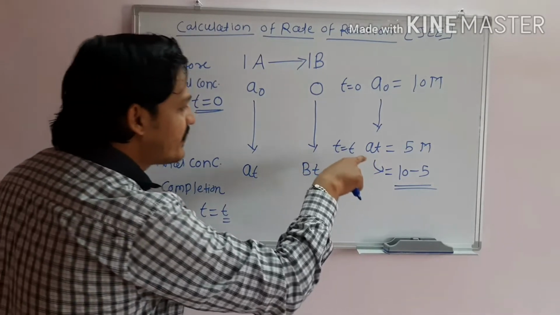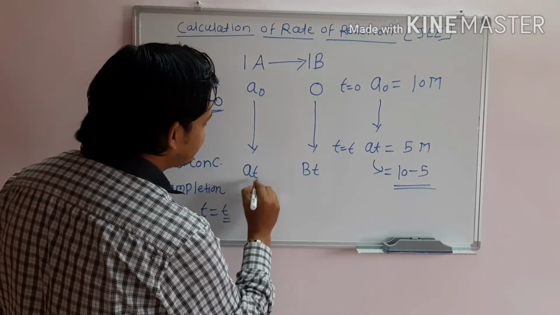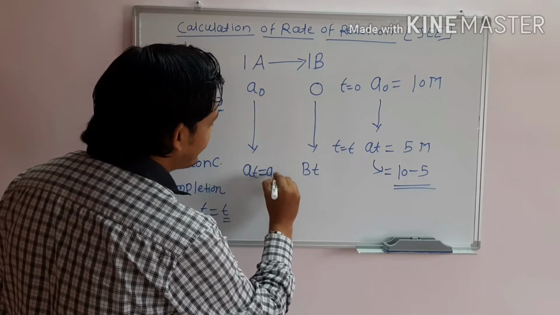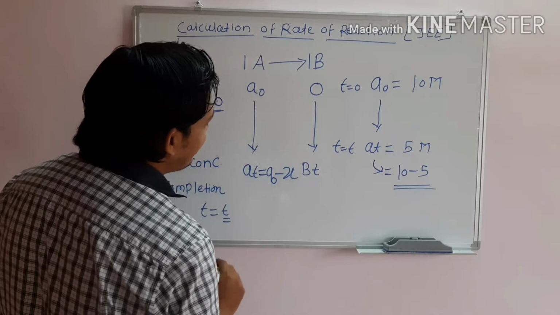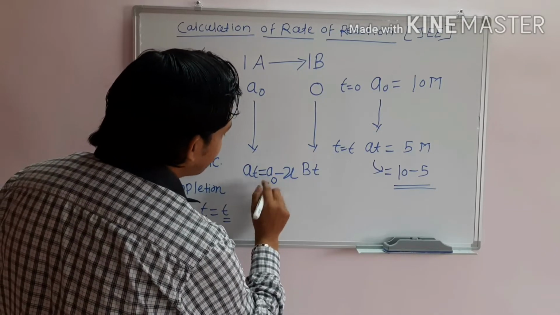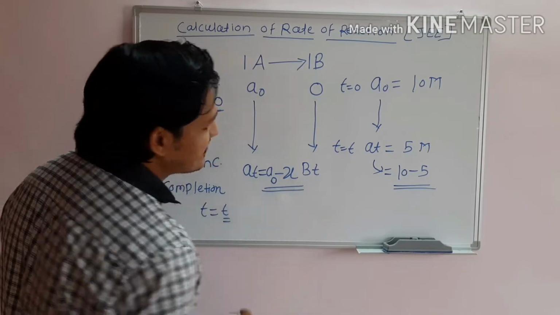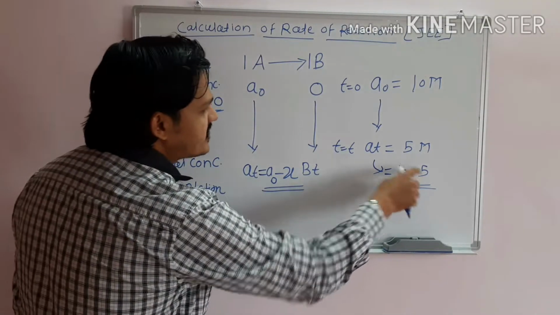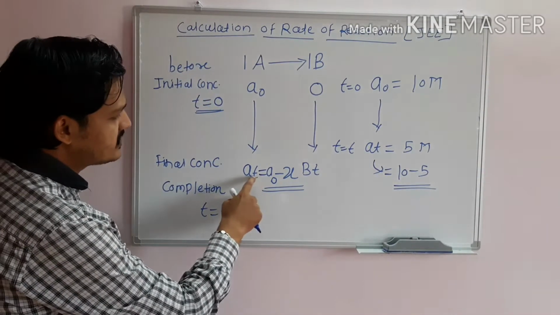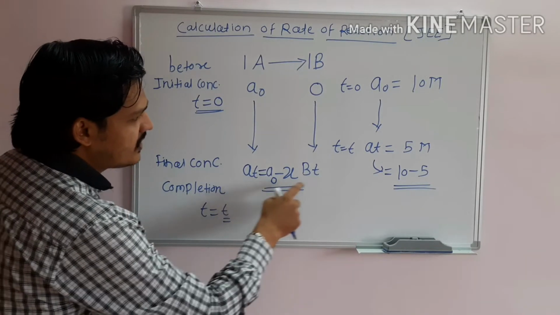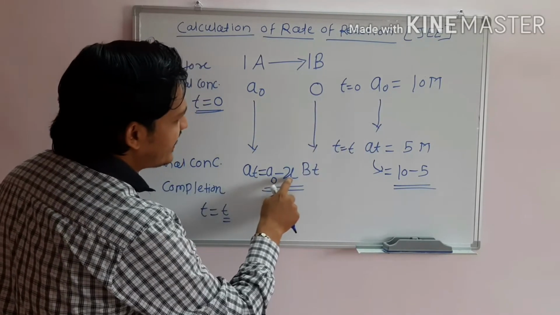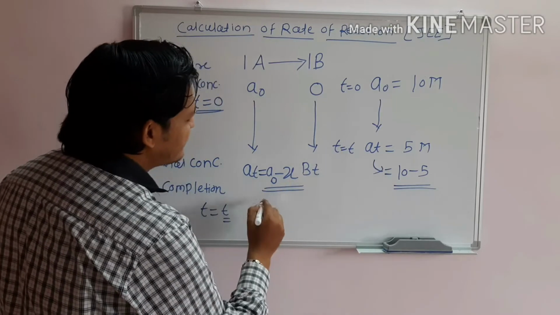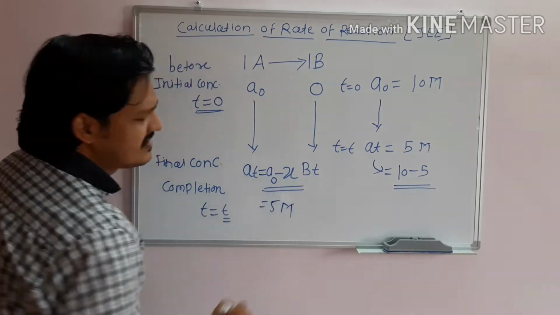Like that, AT is equal to A0 minus X. Let us say 10 minus 5. The value of A0 is 10 molar minus X, 5. So the answer must be 5 molar.